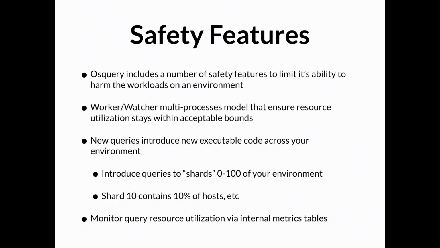This is an important distinction, because if you were not previously running select star from processes and then you started, now you're running new code that you have never run on any host before, and it is probably a bad idea to just distribute that query to 100% of production, especially when you reason about the way the processes table works in Linux. It enumerates /proc, and sometimes /proc is mounted via NFS or something, and that could cause some interesting issues.